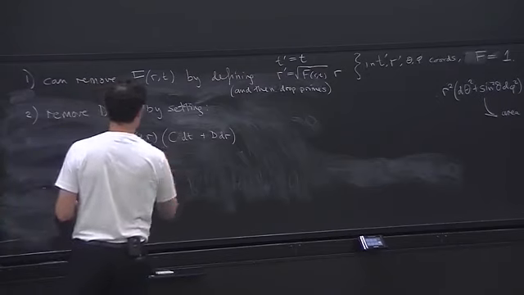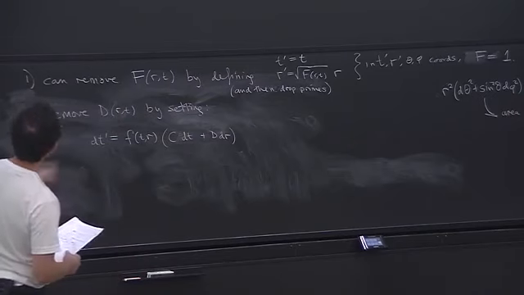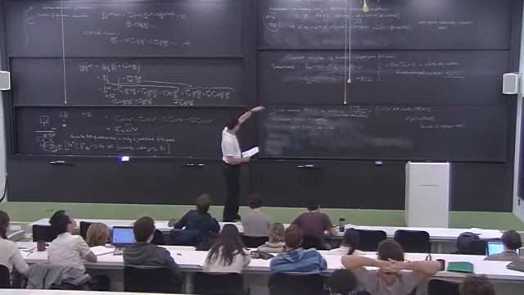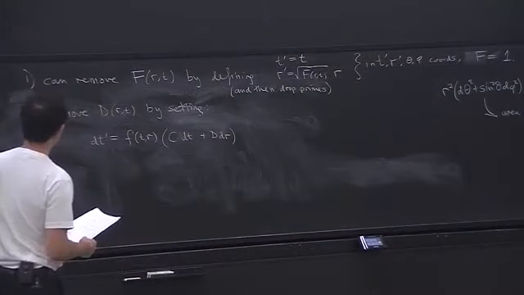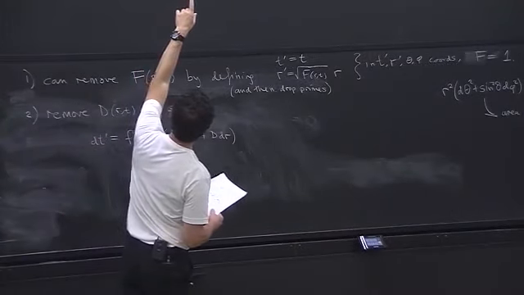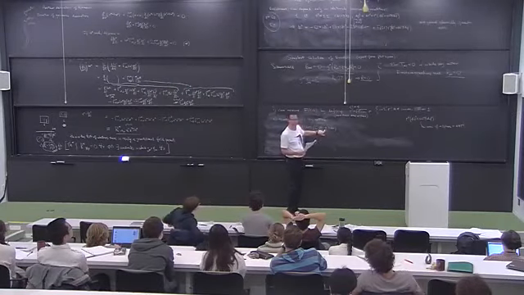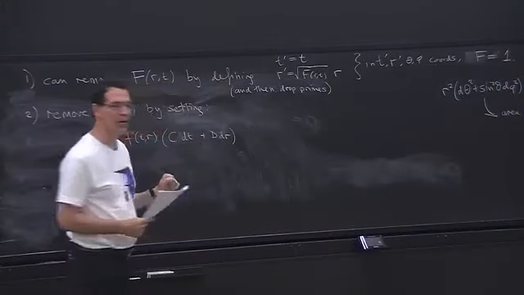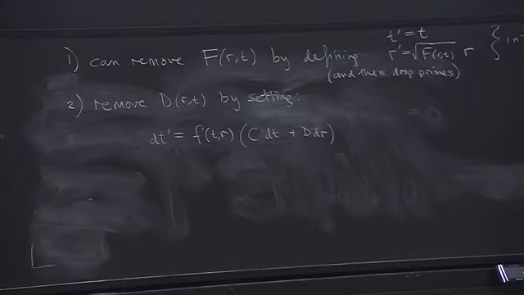Okay, the reason for doing that is that the combination of the dt squared term and the dt dr term are the first two terms in the square of this expression. So if I define this new time that way, it already includes the cross term without needing a cross term.